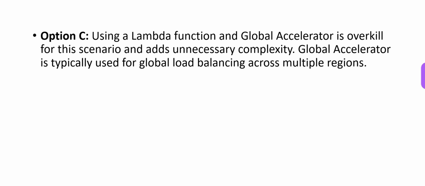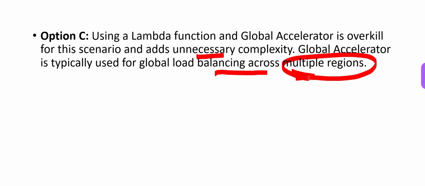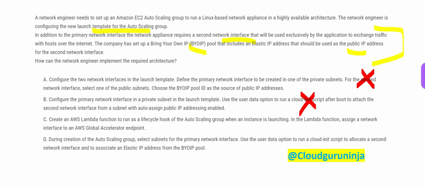You are unnecessarily creating complexity. And see, Global Accelerator we use for global load balancing if you have multi-region scenarios. Here, nobody is telling you to create multi-region. Did you see the word multi-region in the question? Nowhere have they mentioned multi-region. So why will we use Global Accelerator? We don't.